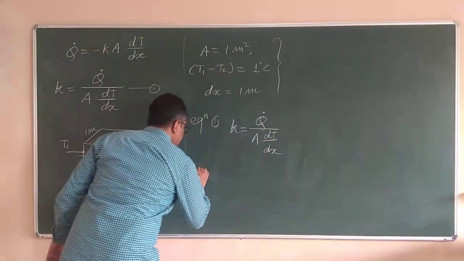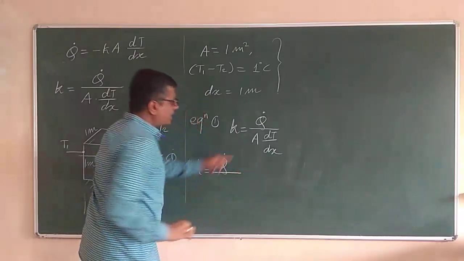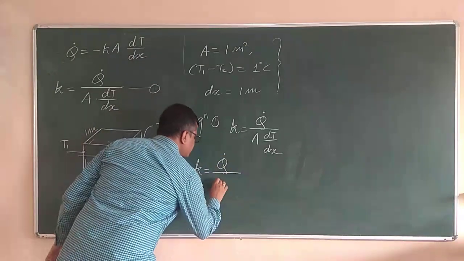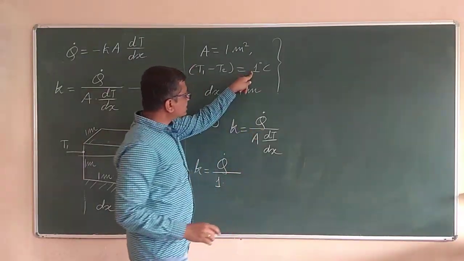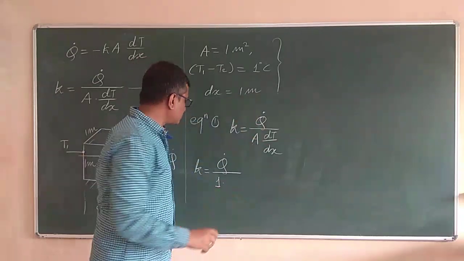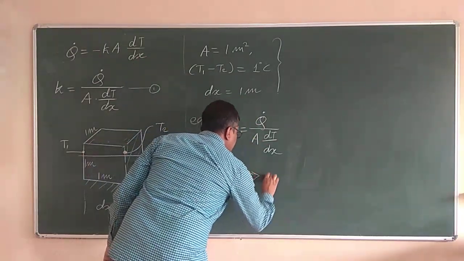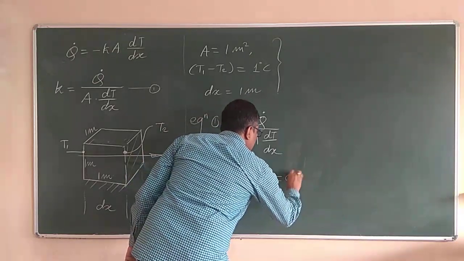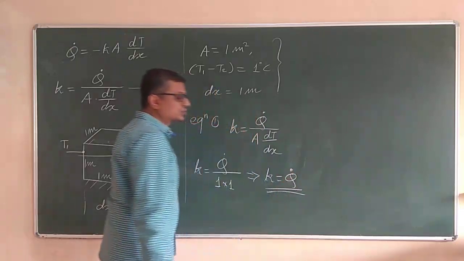So K equals Q dot divided by A, which is 1 meter square, so its magnitude is 1, into dt which is 1 degree Celsius and dx which is also 1 meter, so again multiplied by 1. So I can conclude that K equals Q dot. Now this is one important result. K equals Q dot.